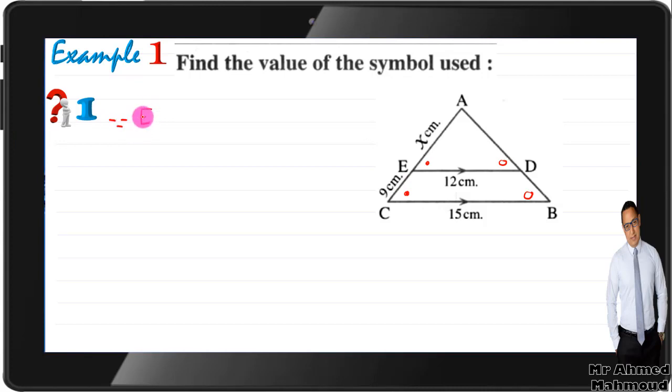ED is a straight line parallel to BC, therefore triangle ADE is similar to triangle ABC.